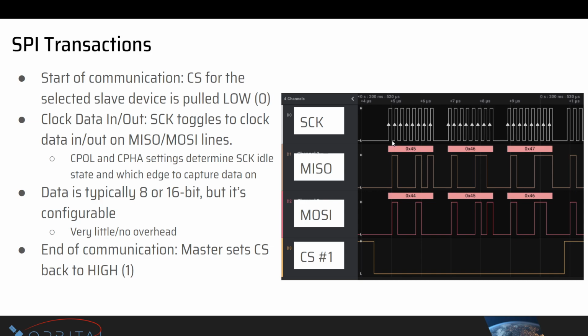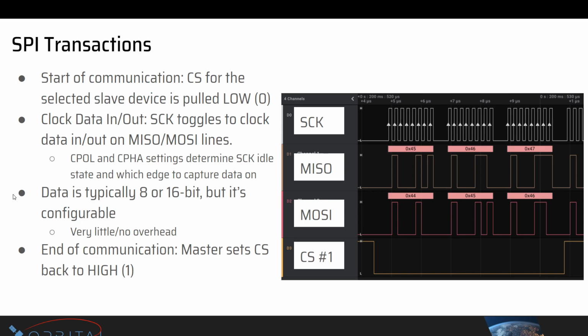CPHA changes the phase to do that, so you can either have the master sending data on the rising edge and the slave device sampling it on the falling edge, or the other way around, where the slave samples on the rising edge and the master sends on the falling edge. That's why you need the phase, to make sure you're able to do that properly.